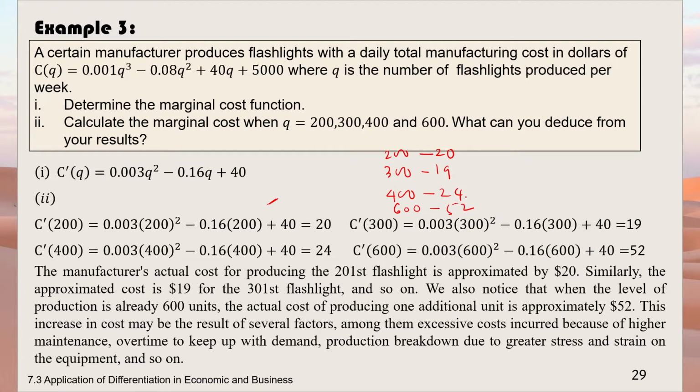So you can see that if you produce 300, actually the cost is the cheapest. But when you force it going for 400, the price is slightly increased already. And if you go by 600, it's already double, almost triple of the 19.